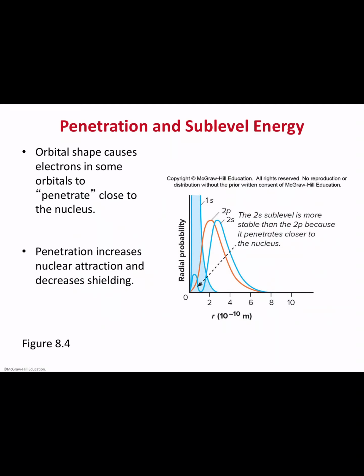Penetration and sublevel energy. So we learned about the sublevels, which is your SPDF, and these SPDF energy levels also have different energies even if they are in the same level.